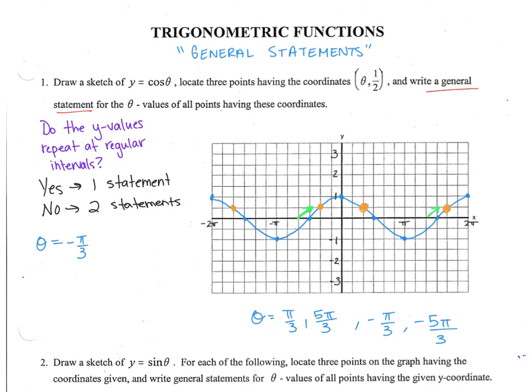Well, we just said it's going to be a full rotation later. So 2 pi later, if I add 2 pi to negative pi by 3, I'm going to get my next angle location. And we know that that next angle location is at 5 pi by 3. But that was one rotation later.